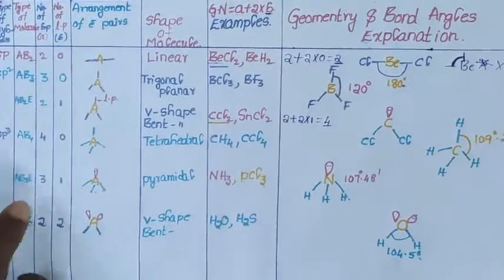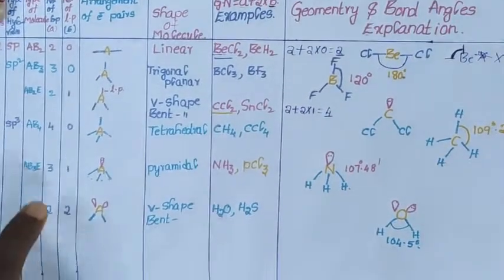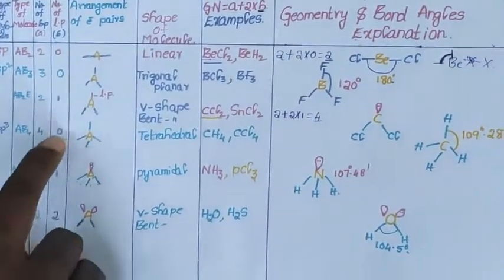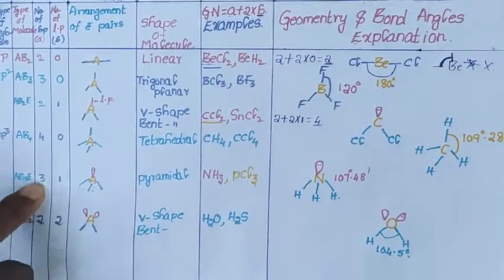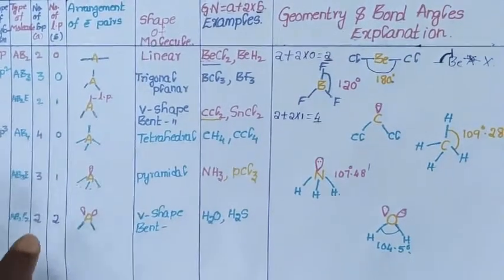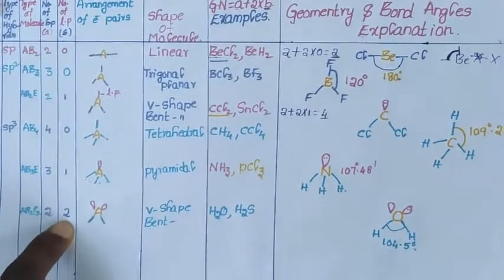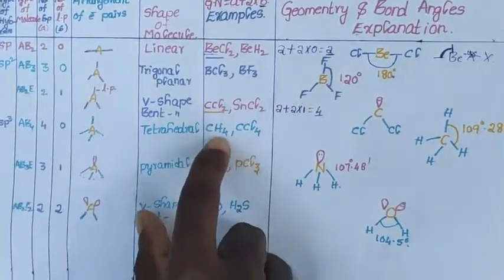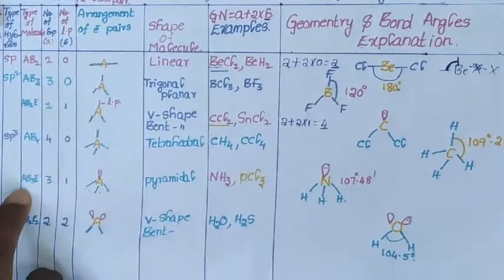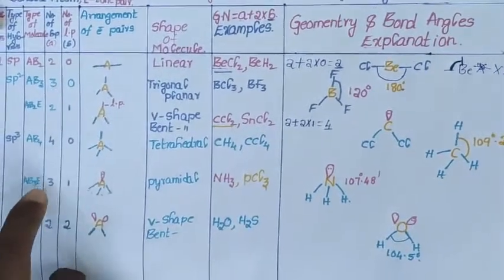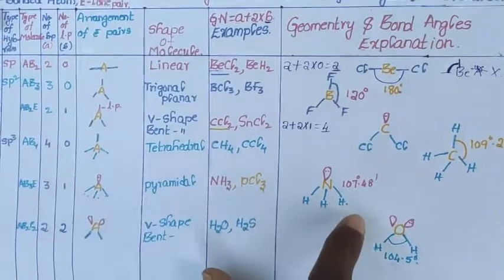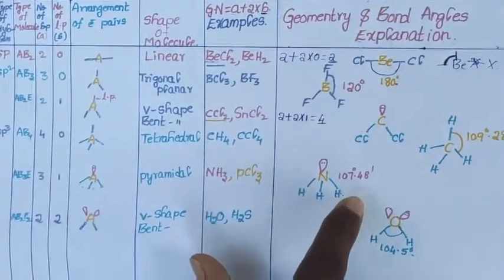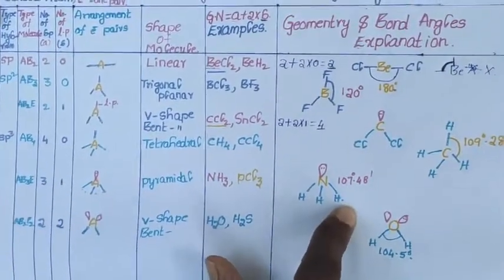In sp3 you have 3 types of possibilities: 4 bond pairs, 0 lone pairs; 3 bond pairs, 1 lone pair; 2 bond pairs, 2 lone pairs. AB4 type molecule, for example, is CH4 and CCl4. AB3E is very important for 10th class students and also for MSET and NEET exams.